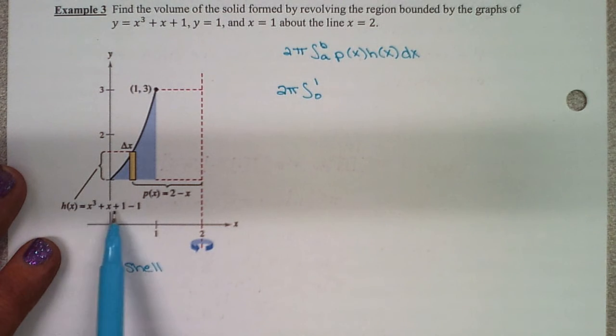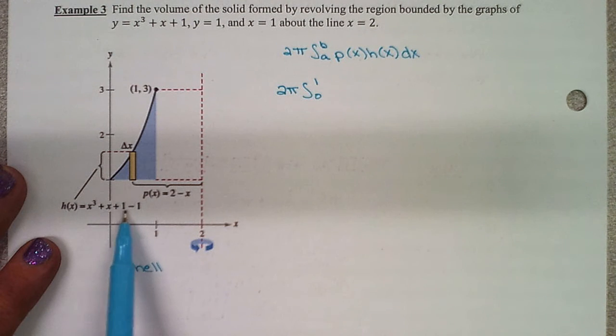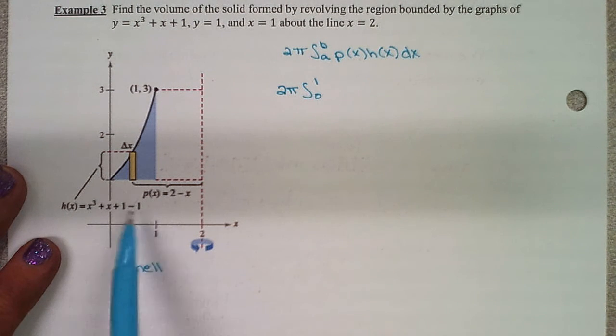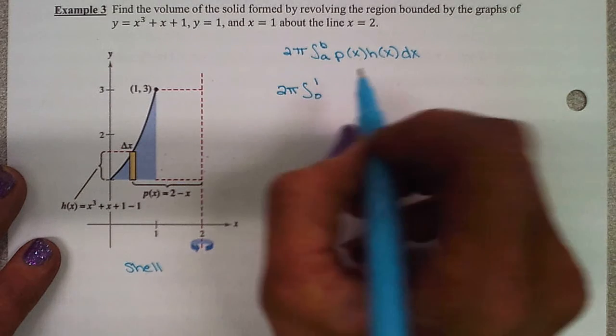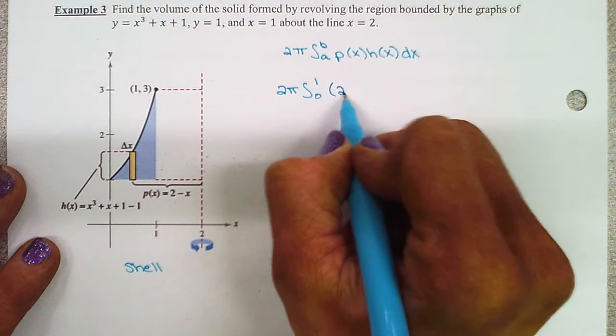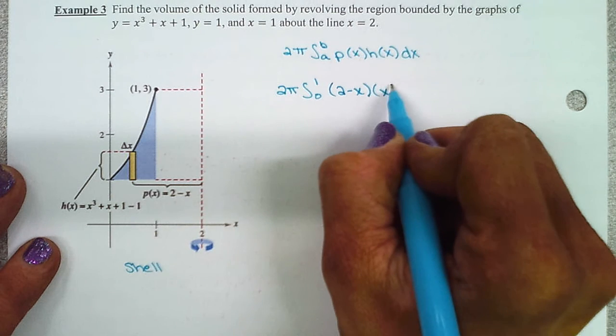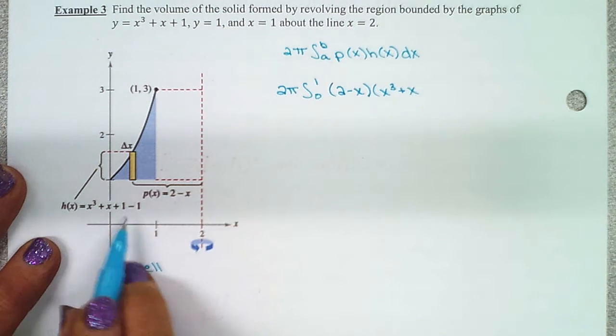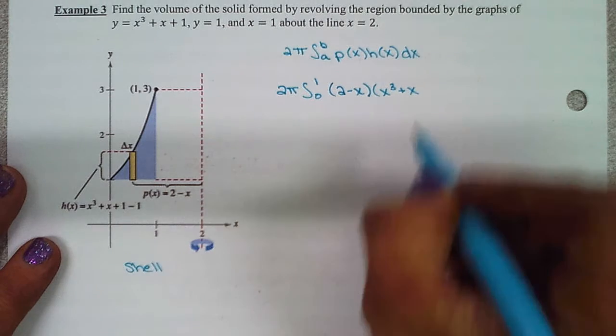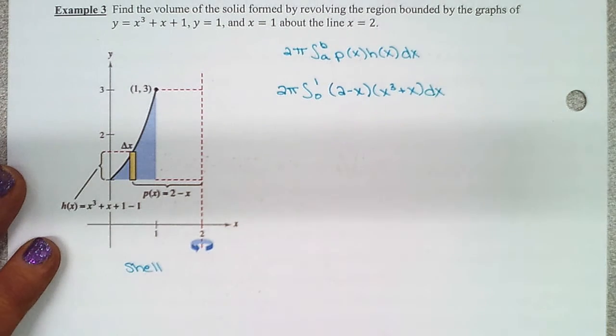So my h of x is going to be my function, x cubed plus x plus 1, and then minus that 1 that's underneath that we want to take away. Now as we start plugging in, my p of x is that 2 minus x. My h of x is going to be an x cubed plus x, because the 1s are going to end up canceling out, and then a dx.